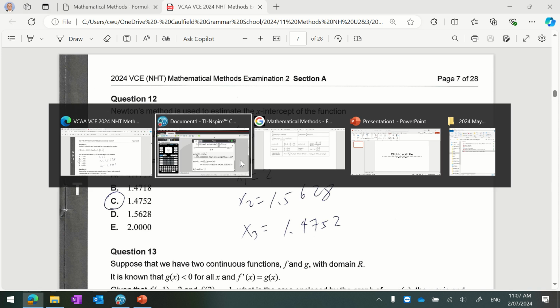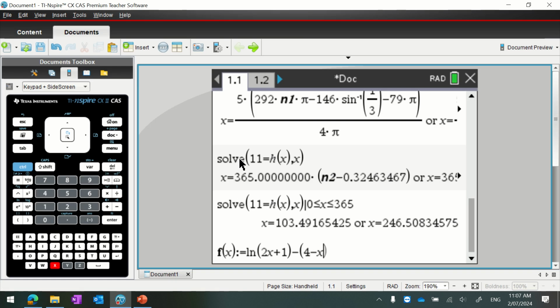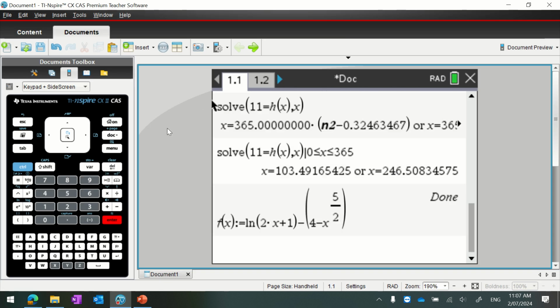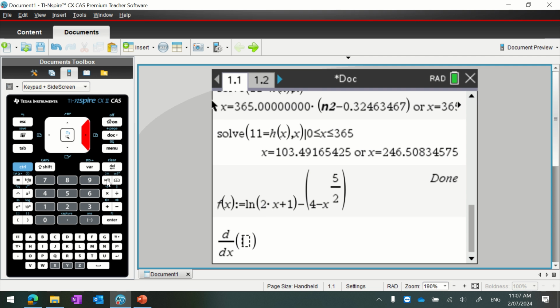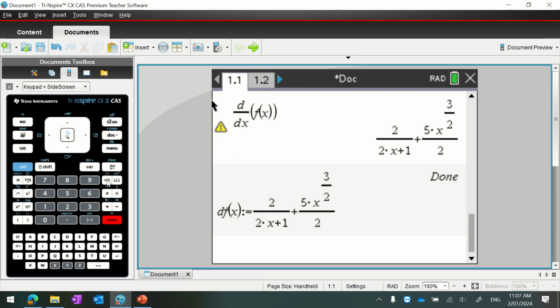So ln of 2x minus 1 minus 4 minus x to the power of 5 over 2. And then we're going to differentiate this and then store it.